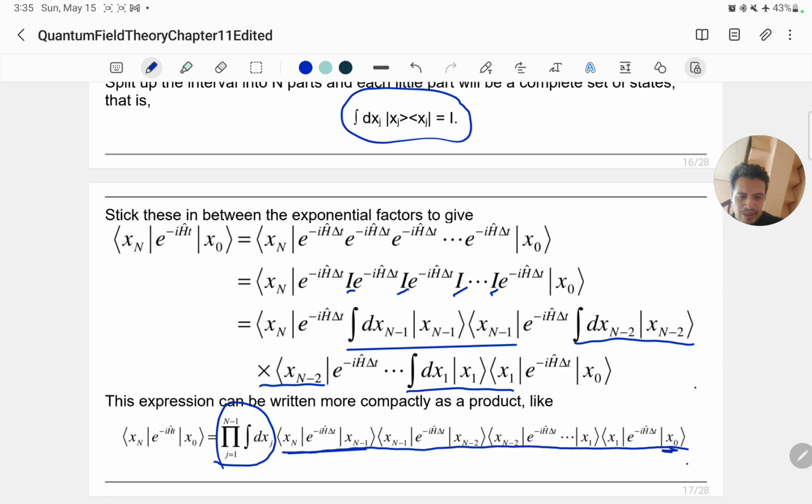This is actually coming from x sub 0 here, and then since you slice the time, you have amplitudes for all the segments in the time-sliced amplitude.